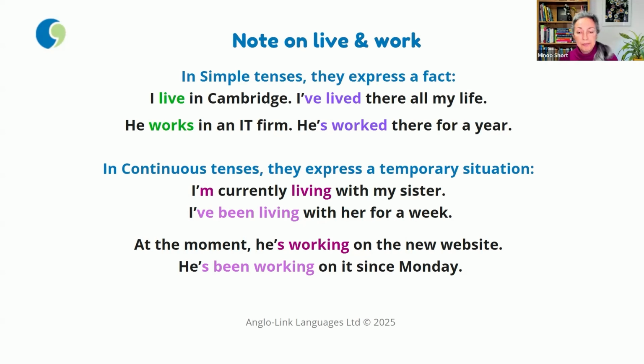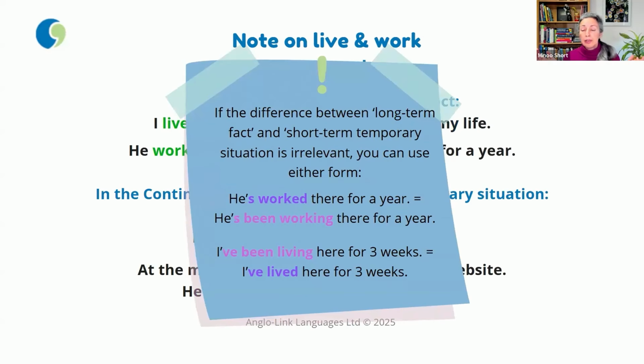But of course, there's a very fine distinction between is this a fact of life or a temporary situation? And if this difference between long-term fact or short-term temporary is irrelevant, then the two forms mean exactly the same thing. So if you hear he's worked here for a year or he's been working there for a year, they mean exactly the same thing.